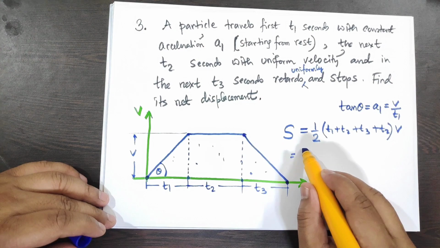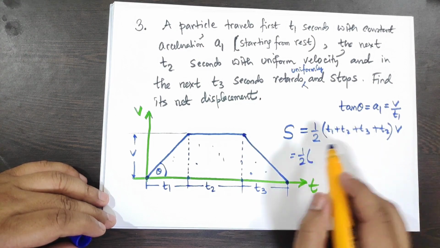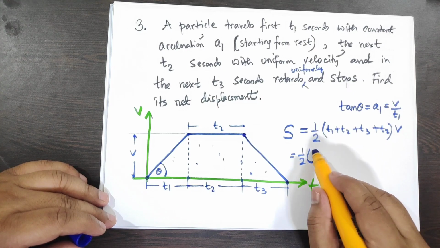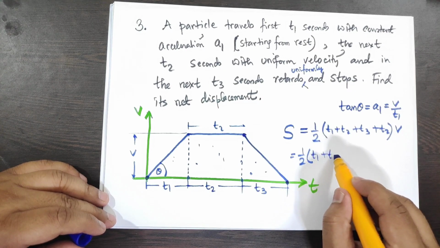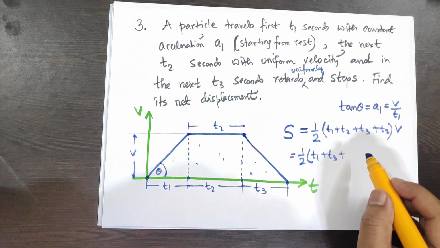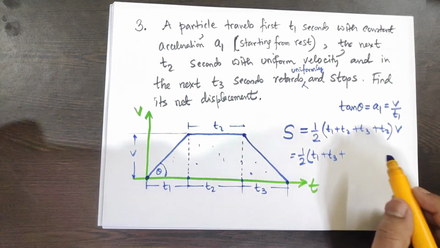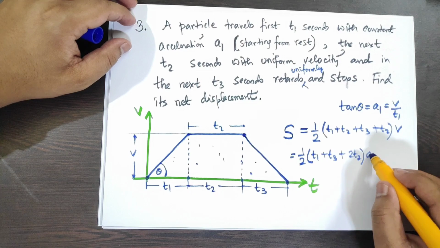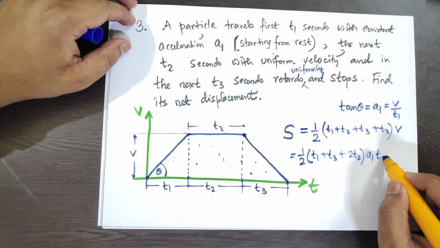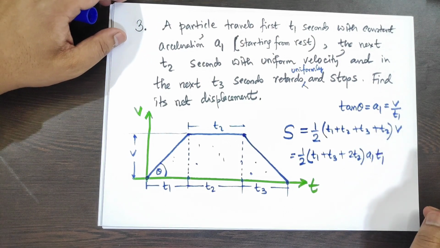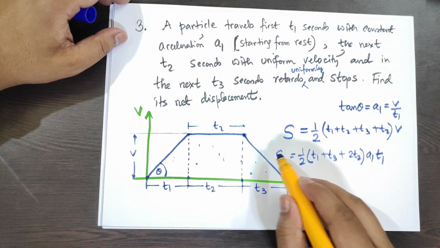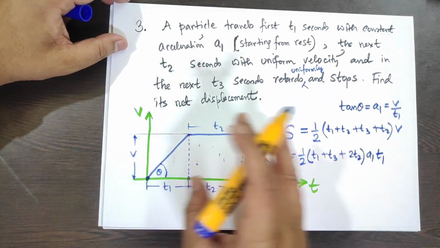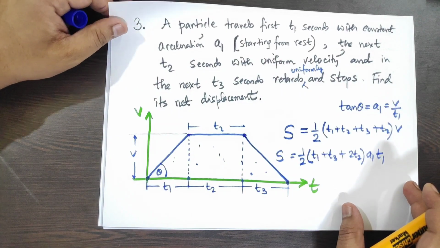So that is half of (t1 plus t3 plus 2t2) multiplied by v, which is a1 t1. That is it. This is the displacement. So this is a very short way of solving the problem. Else you have to write the equations.